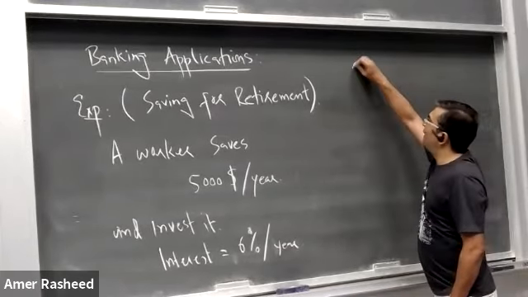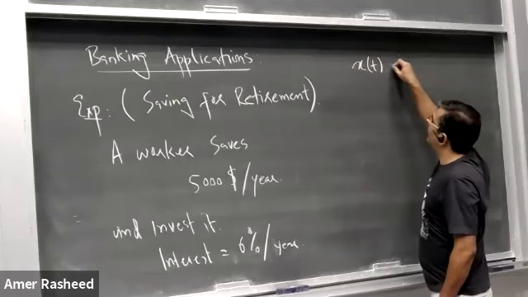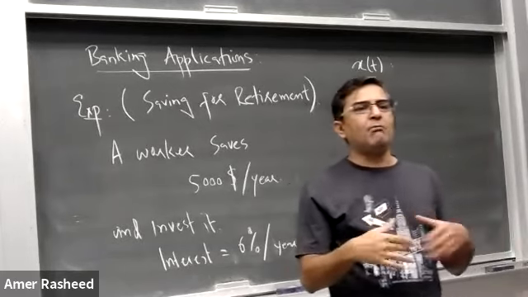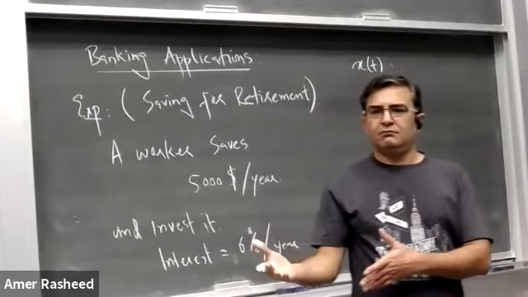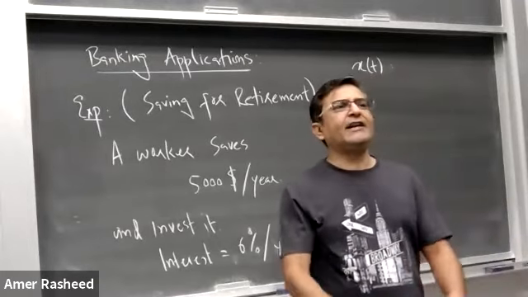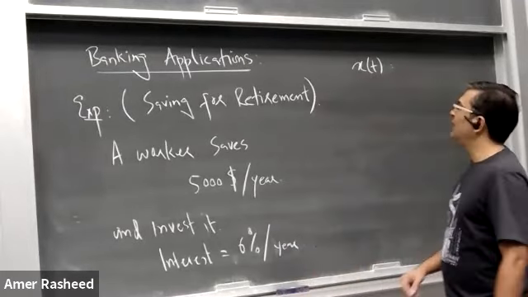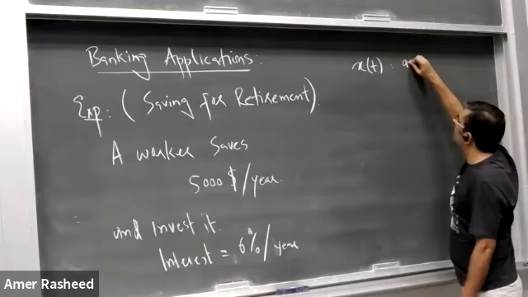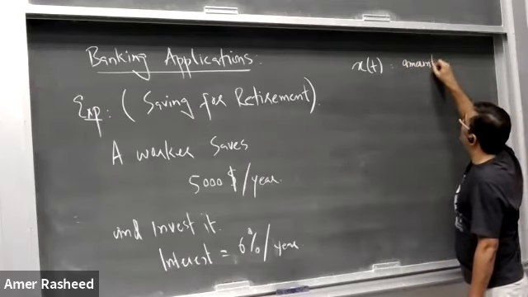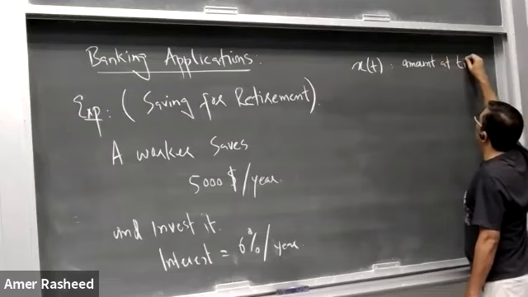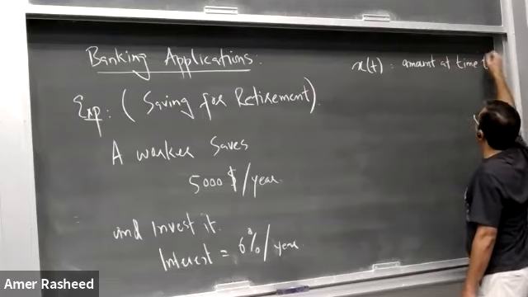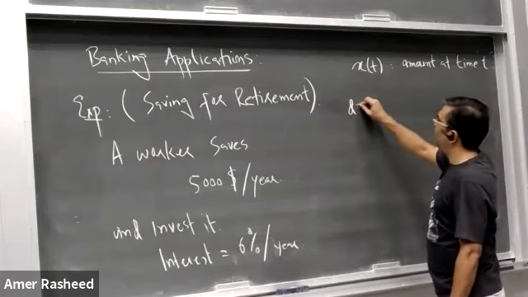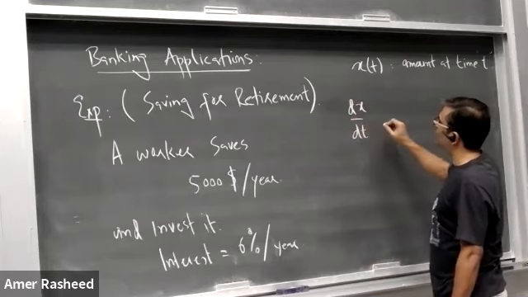Let us assume that x of t is his amount after a certain period of time. At any time t, the saving amount, the amount at time t. Its rate of change, dx by dt, is what?